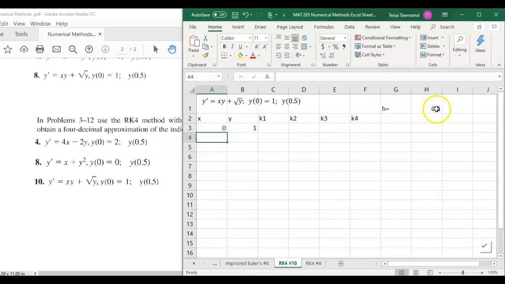X's are going to increment by 0.1. So we're going to say equals the previous x plus the x here. And I have put all my x increments in H1 for all of these spreadsheets. I'm going to drag this down.